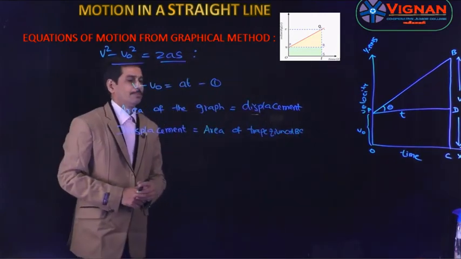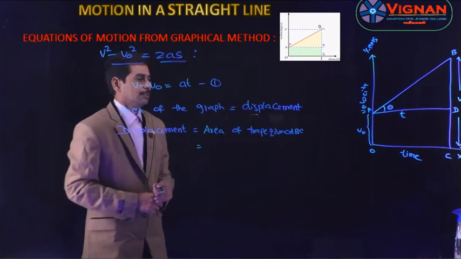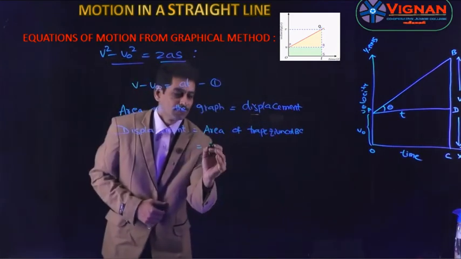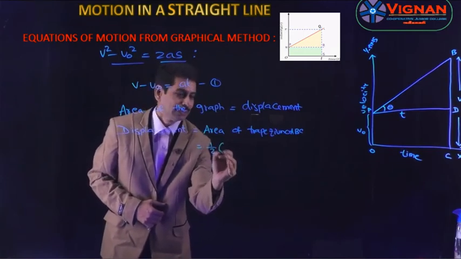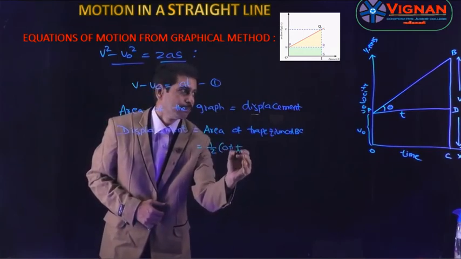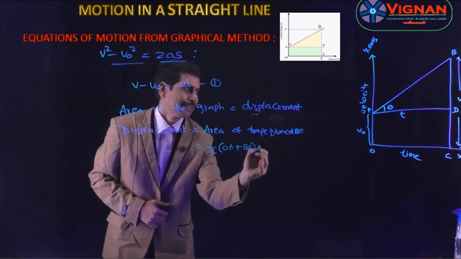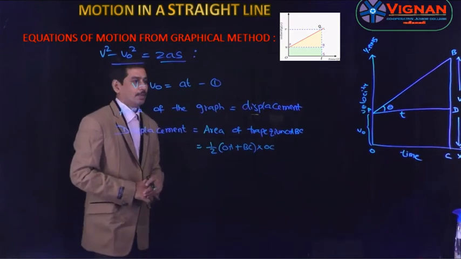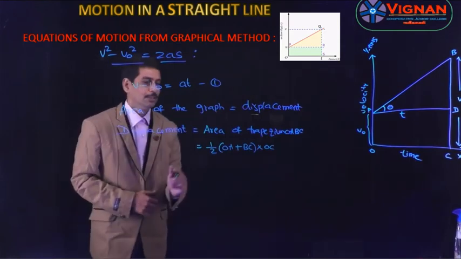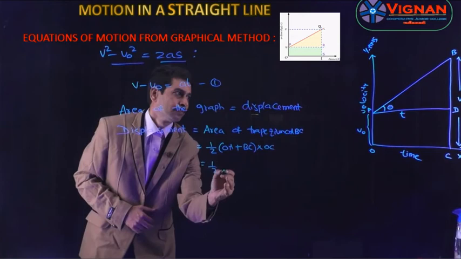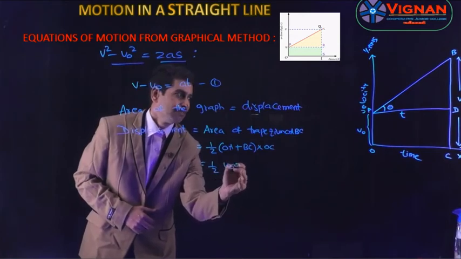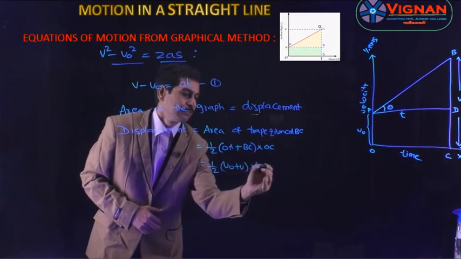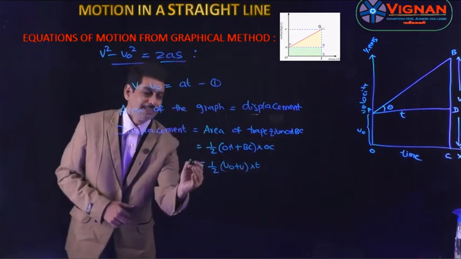What is the area of a trapezium? It is half into the sum of the two parallel sides into height. So half into (OA plus BC) into height, which is OC. So OA is V0 and BC is V, and OC is T. So this is the displacement.